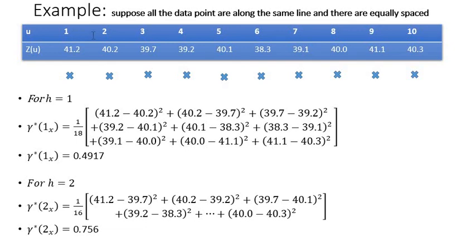So this one will be 1, and then this one and this one will be 2, and then this one and this one will be 3, then this one and this one will be 4, this one and this one will be 5, and then this one and this one, all those with difference 2.